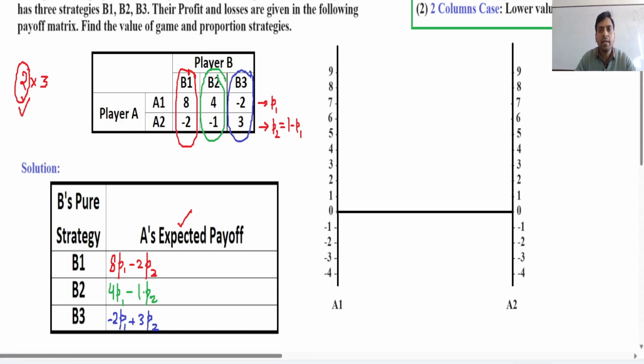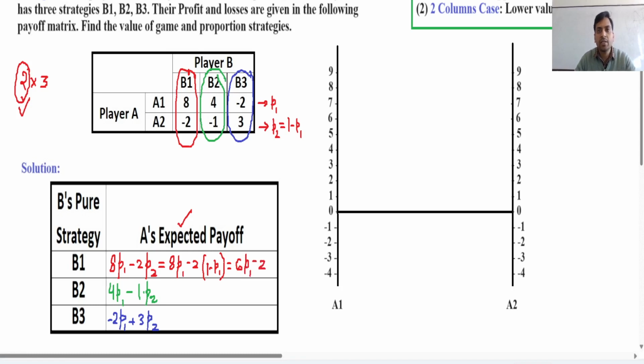And we can replace all these P2 by 1 minus P1. So we can write this as 8P1 minus 2 into (1 minus P1). On solving this, you will see 8P1 plus 2P1, so this becomes 10P1 minus 2.